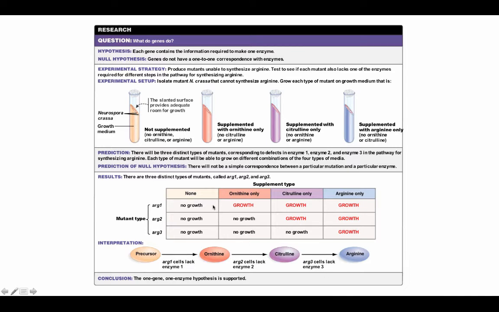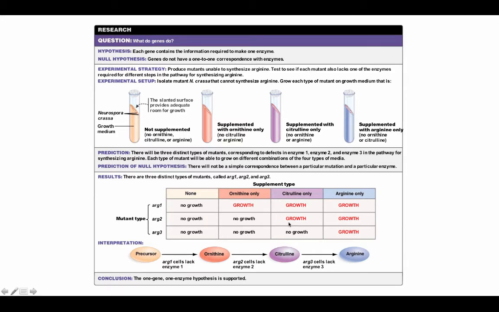They did find different kinds of mutants that could grow on different growth media. So we had some mutants that, if you provided ornithine only, could grow, but other mutants that could not grow on only ornithine.